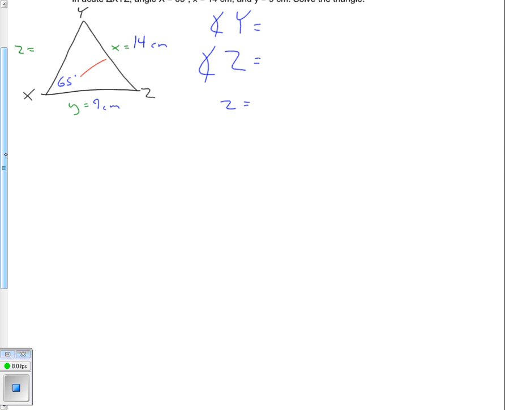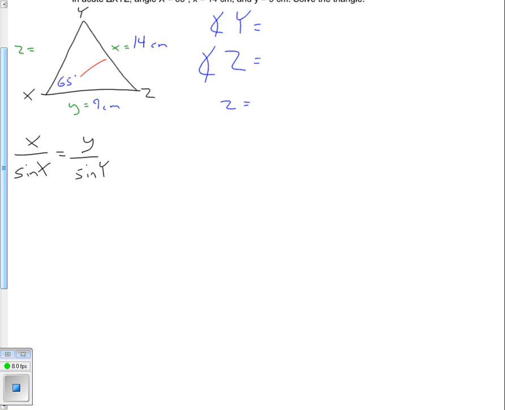So with angle y, I know that I've got x over sine x is equal to y over sine y. And I can use the sine law in order to solve for angle y.